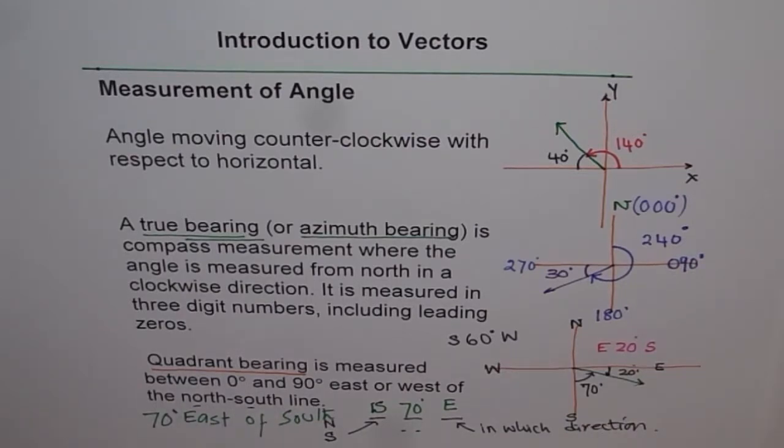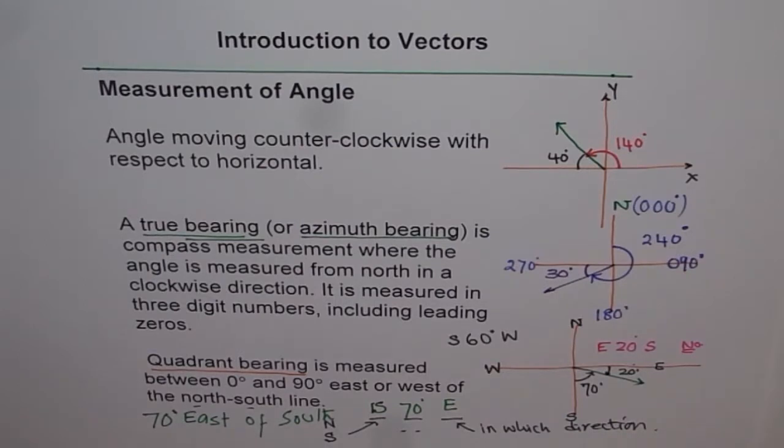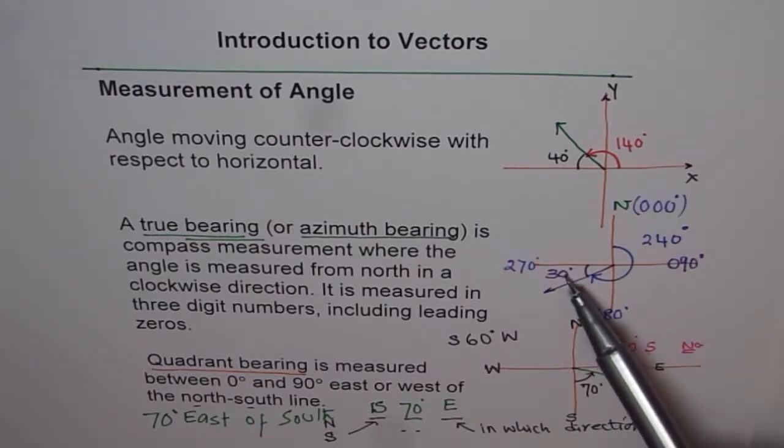Mention. That's very important. If I write this and I ask, is it a quadrant bearing angle? The answer is no, right? But yes, it is a way of referring to an angle. It is not wrong. It is 20 degrees south of east. That's how you read it. And if I say 20 degrees south of east, you know what I mean, right? In that fashion, this could be 30 degrees south of west.